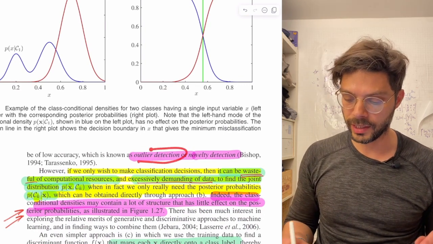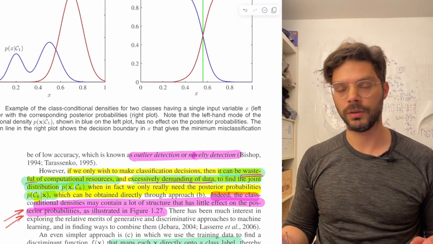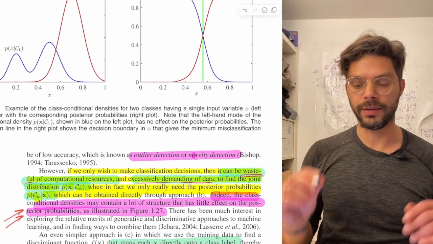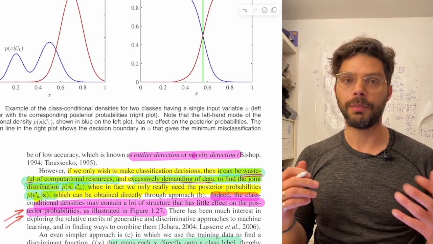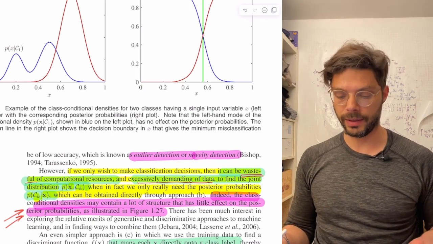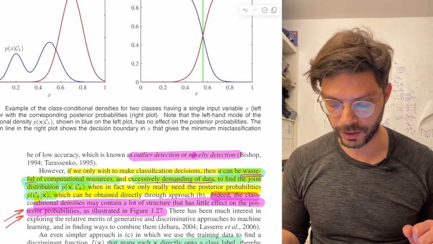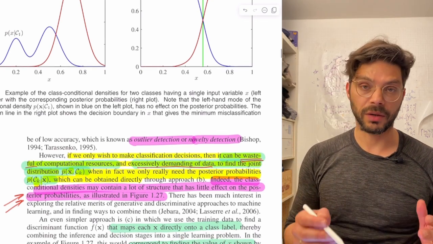This could clearly be useful for detecting outliers: here's a data point that I haven't seen before, so I don't know what to do about it. You can detect that in the generative approach. But again, it can often require a lot of data, and maybe you don't need the data for your particular task. That's what we come to next.